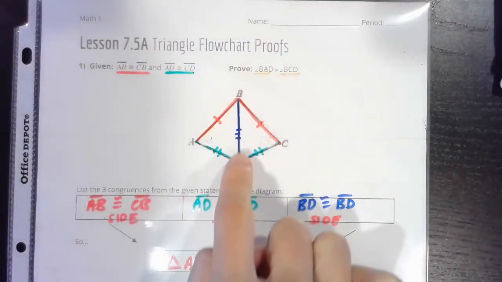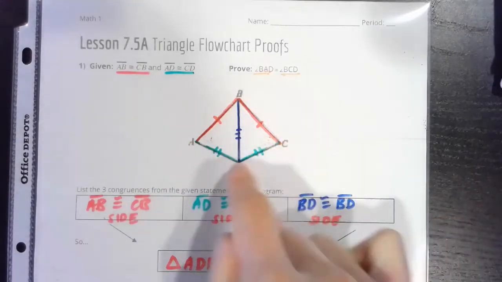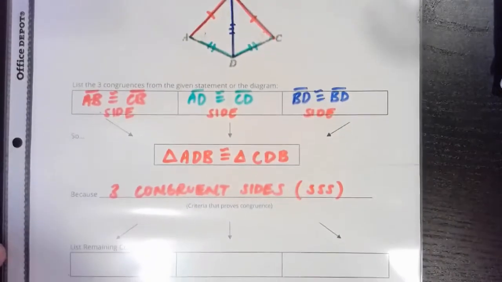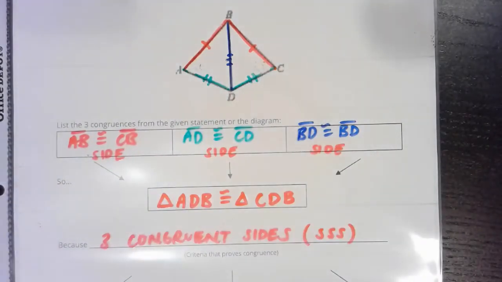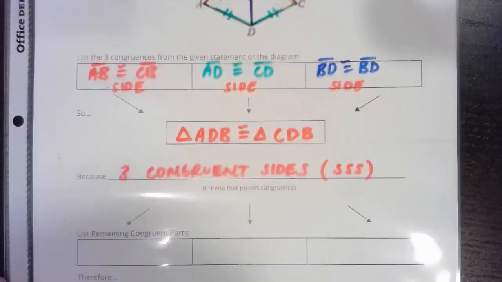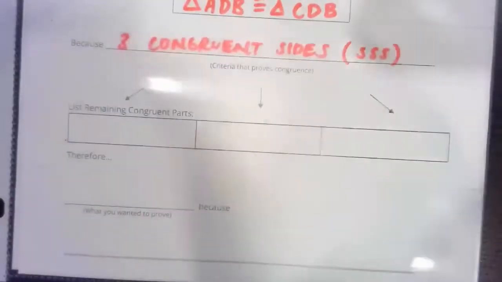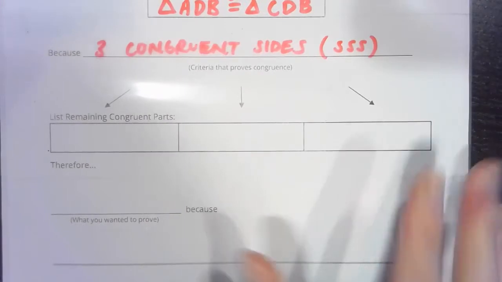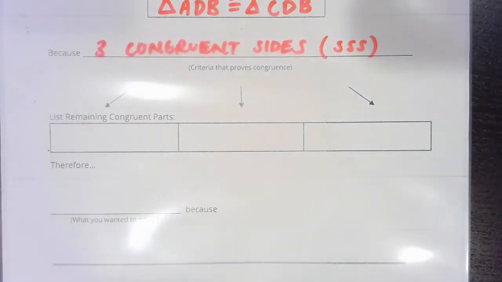And so now that we've proven that this triangle on the left, triangle ADB, is congruent to the triangle on the right, triangle CDB, we know that all of the other parts in the two triangles also have to be congruent. So now let's list all of the remaining congruent parts of these two triangles. Well, we've listed the three sides that are congruent.